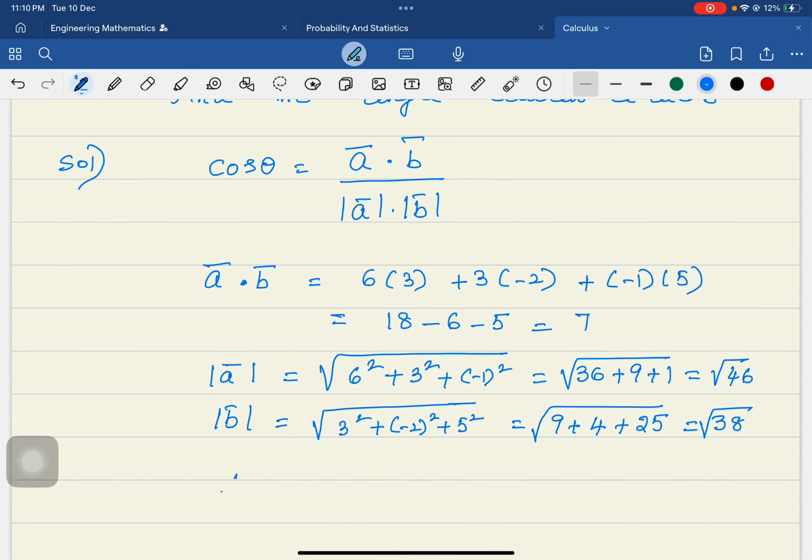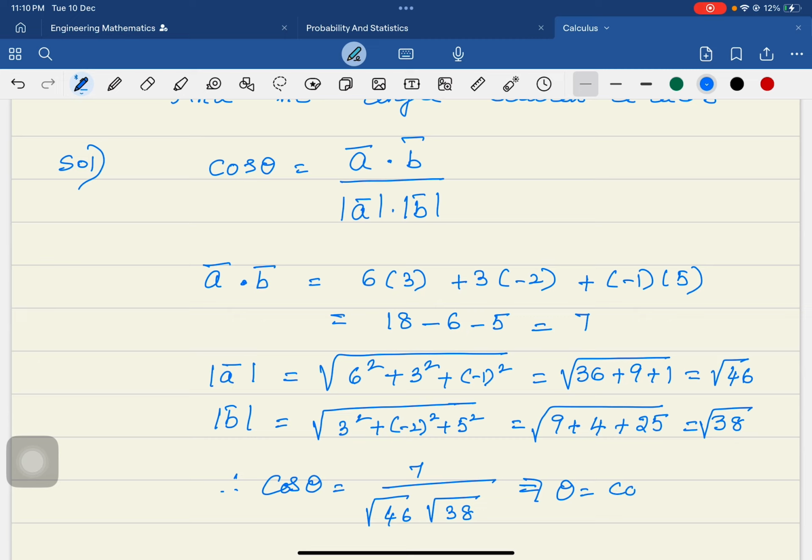So the angle between the two vectors is given by cosine theta equals A dot B, which is 7, over the modulus of A, which is root 46, and mod B, which is root 38. So what is the angle if I ask?